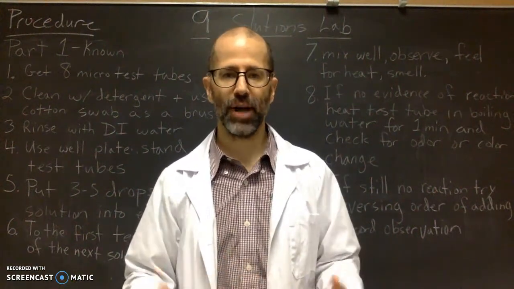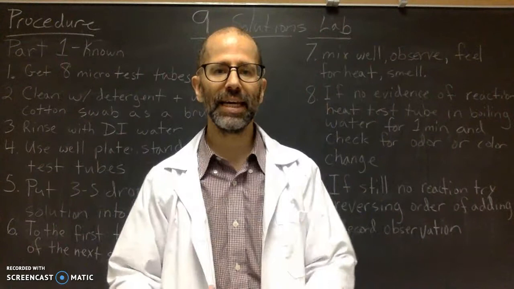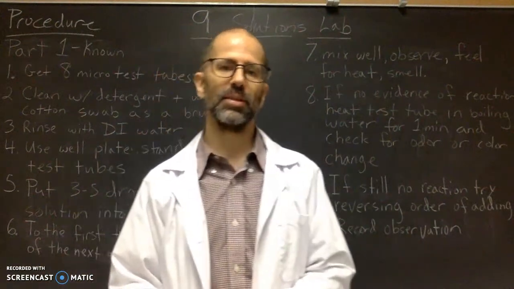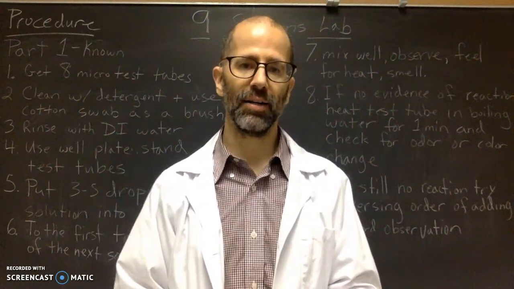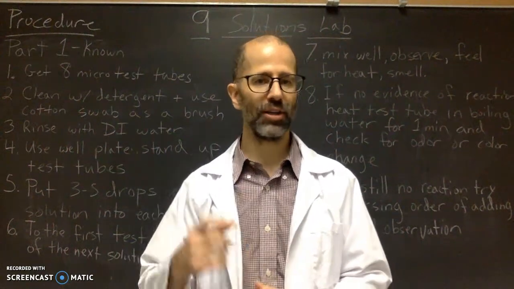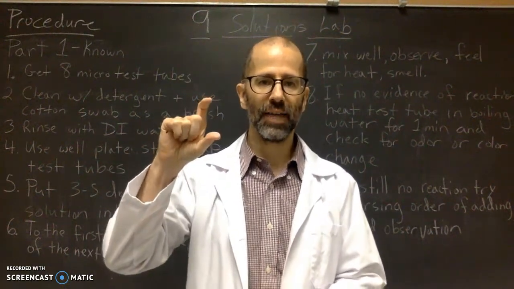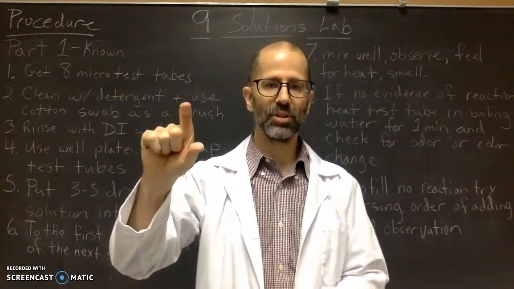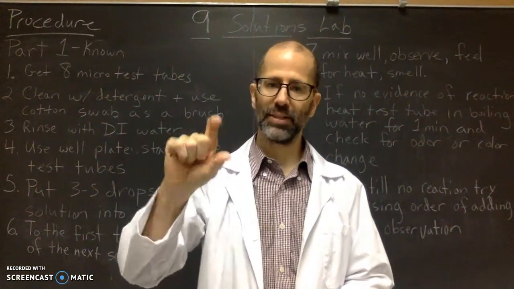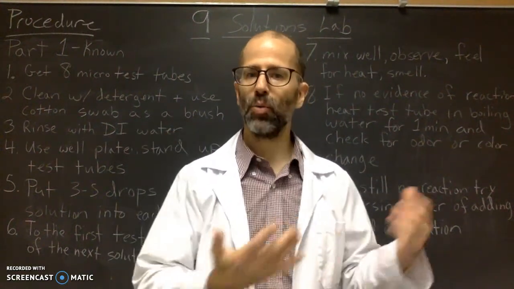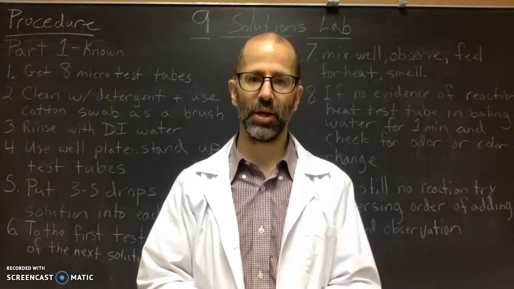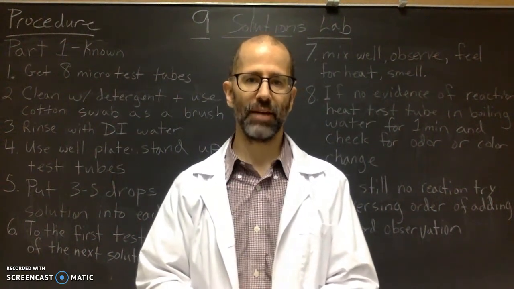I think it's like 1 through 9. So you're going to get all of the substances, but they're going to be labeled differently. So you're going to have substance number 1, and you have to figure out what substance number 1 is. It's got to be one of the substances that you worked with on the first day of lab.